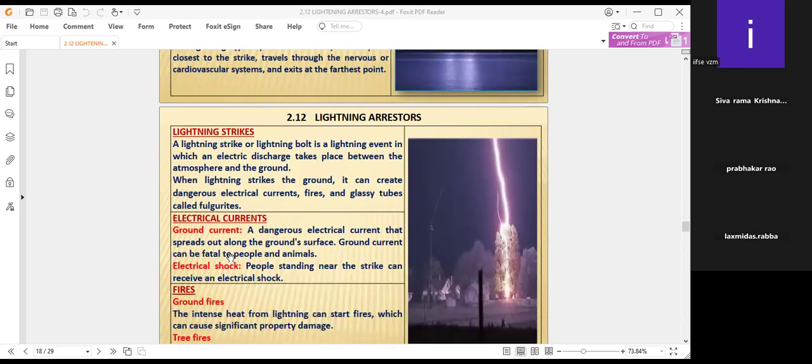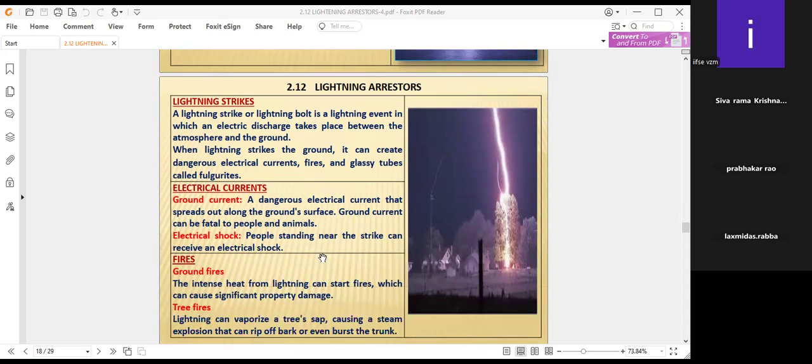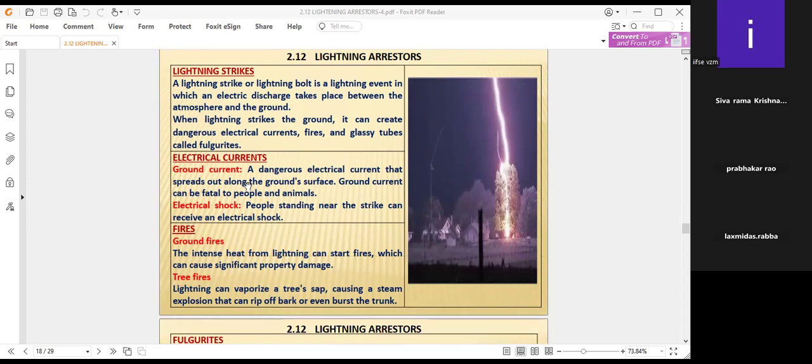Ground current can be fatal to people and animals also, because the damage is there from the ground current where the lightning strikes the ground. That's why this is very important. It can be fatal, and animals can also be damaged or die.